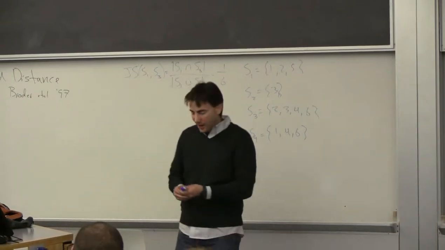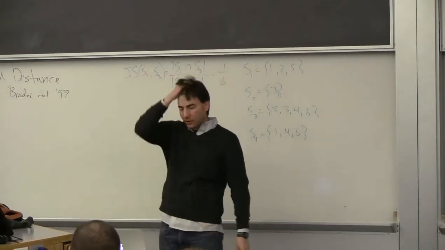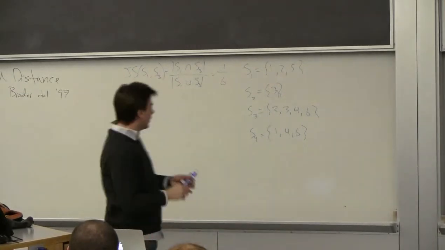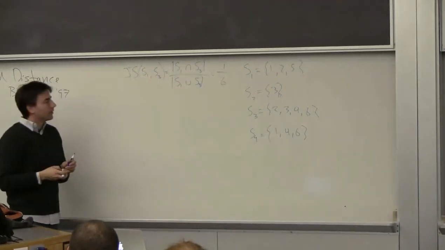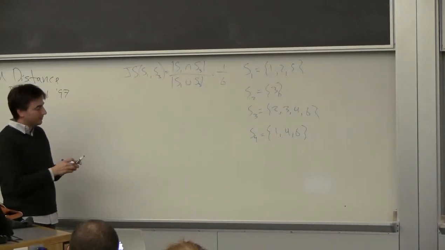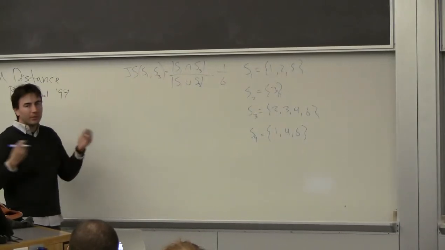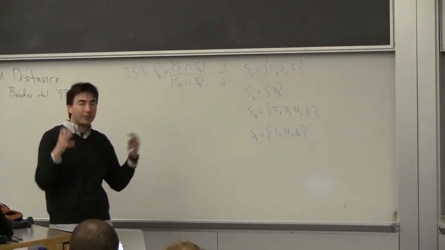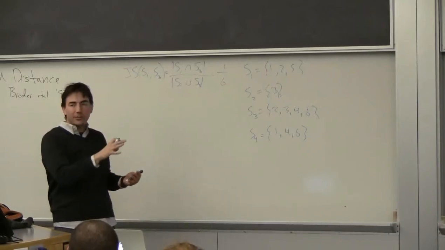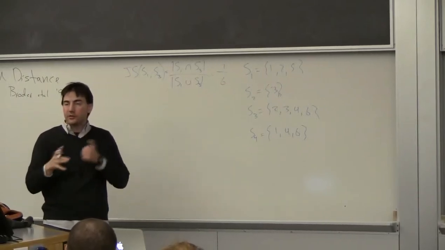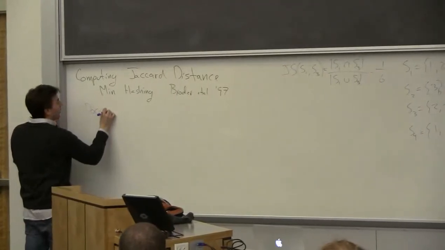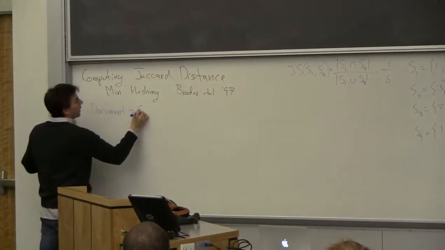Okay, so the main idea: again, we're going to build on these ideas we talked about Wednesday of converting into a different abstract data type. And this other abstract data type will make it easier to tell the distance between two things. So the first thing we had was a first step that went from the document to a set.